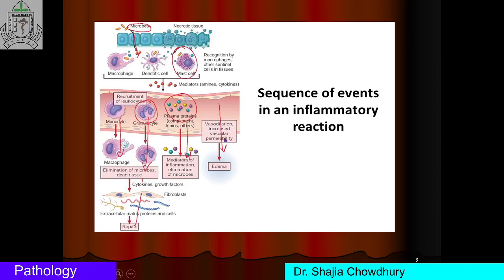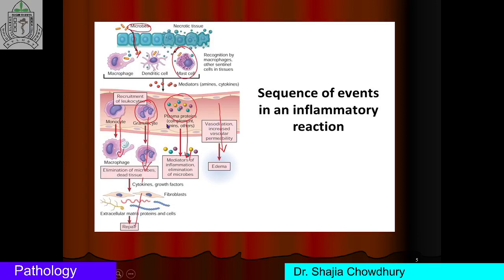It's like a story. Suppose you took street food last night and took lots of bacteria with the street food, and these bacteria reside in the extracellular space. The first step of inflammation is recognition of these bacteria by macrophage or neutrophil. Second step is the inflammatory cells which reside in the blood vessel are recruited from the circulation to the site of microbes or offending agents.